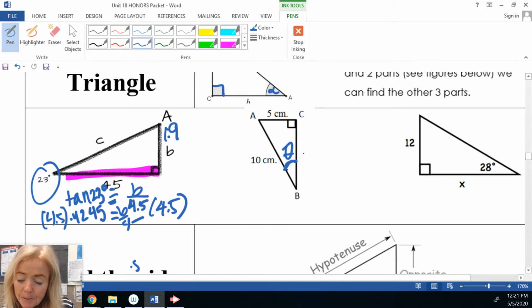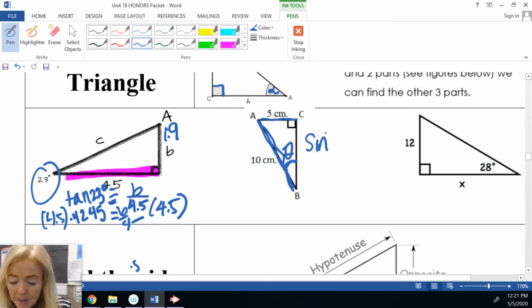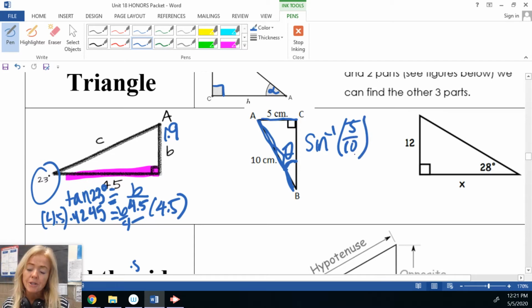So it's pretty awesome. If we want to know this angle, we have this 5 centimeter side that's opposite to the angle, and we have this 10 centimeter side that's the hypotenuse. We can use a sine inverse function to come up with the ratio 5 to 10, and we can find out what that angle is. I can use my calculator right now: inverse sine of 5 divided by 10 is going to be a 30-degree angle.